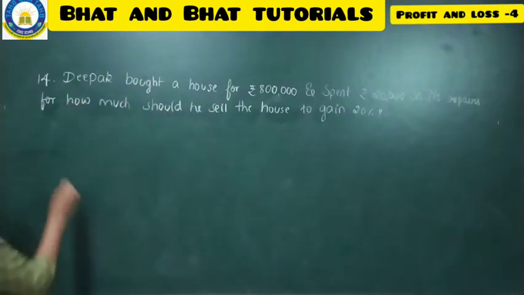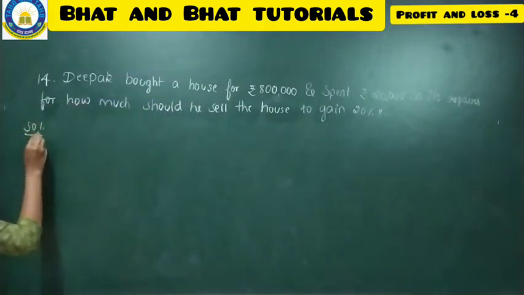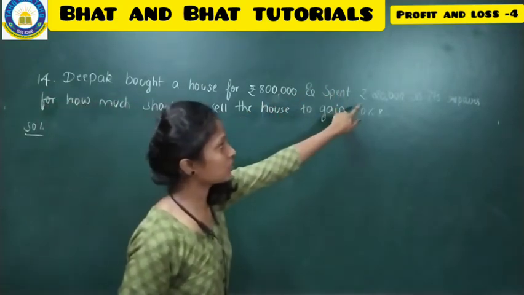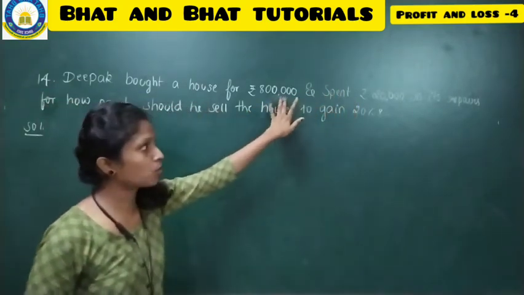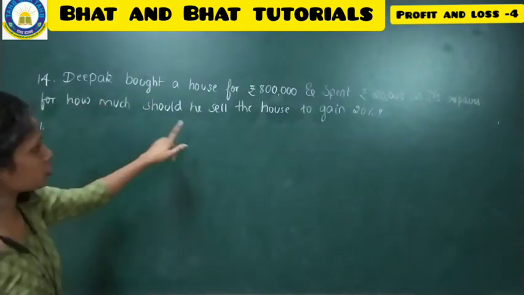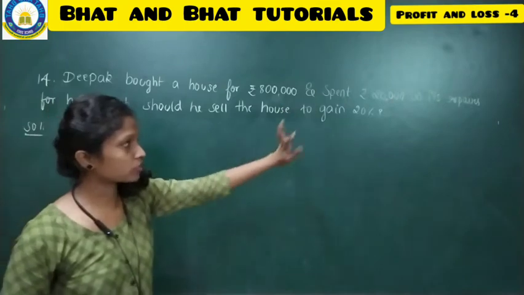Deepak buys the house for rupees 8 lakh. As soon as he gets the house, he spends 20,000 on repairs. Then you have to find at how much selling price he needs to sell the house to gain 20% profit.